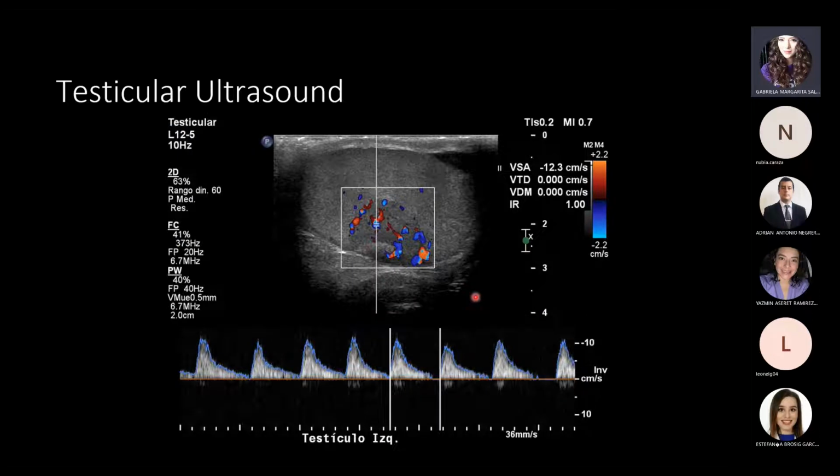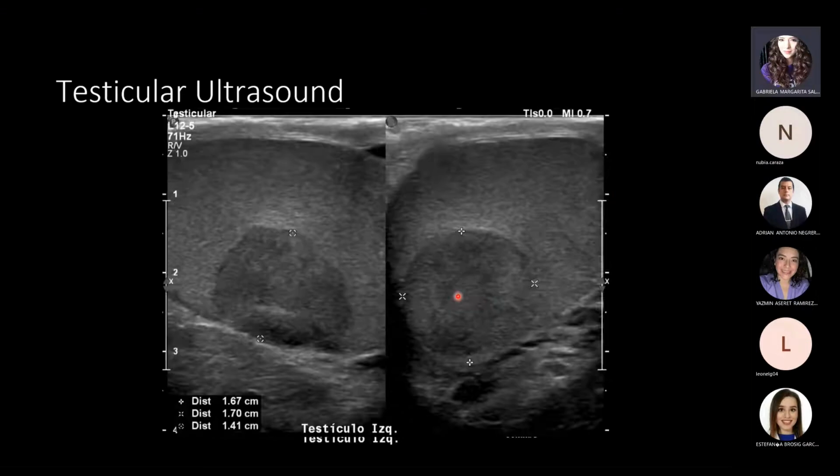We can also see in the Doppler a high resistance index, and with all these characteristics, the first diagnosis that we think of is a neoplastic process in the left testicle.